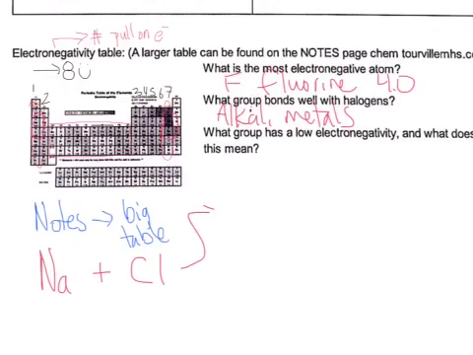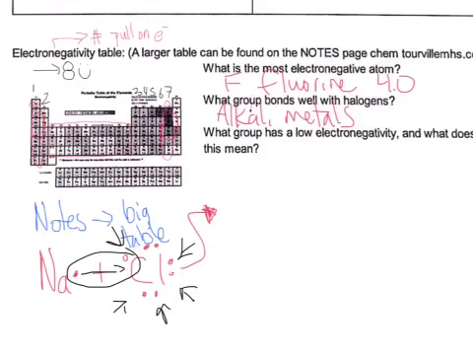So salt is in all the processed food that we eat, and sometimes we even put it on our food. If we were to draw Lewis dot structures, chlorine has 7 valence electrons, so I'm going to draw 7 electrons around it, and sodium just has 1. It has electrons in its inner shells, but 1 valence electron. Chlorine is so electronegative, meaning it pulls on the electrons so much that instead of sharing, it actually pulls this away from sodium. So sodium gives this electron up.